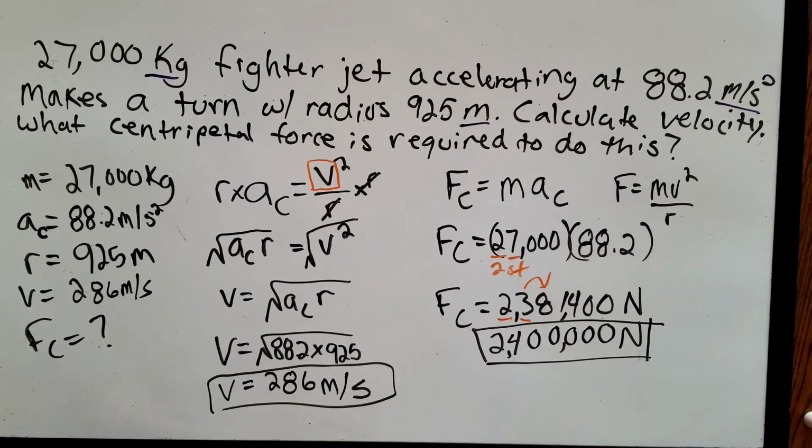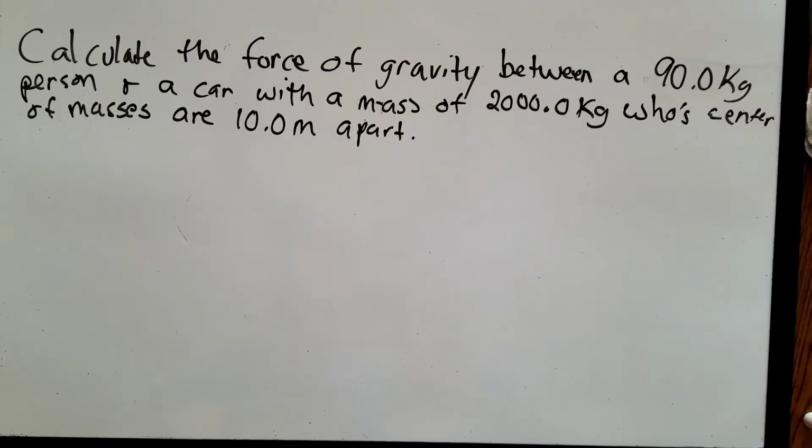All right, next we're going to look at gravitational force. If you remember from the PowerPoints, gravitational force is the force that you are exerting on everything around you and that everything around you is exerting back on you.